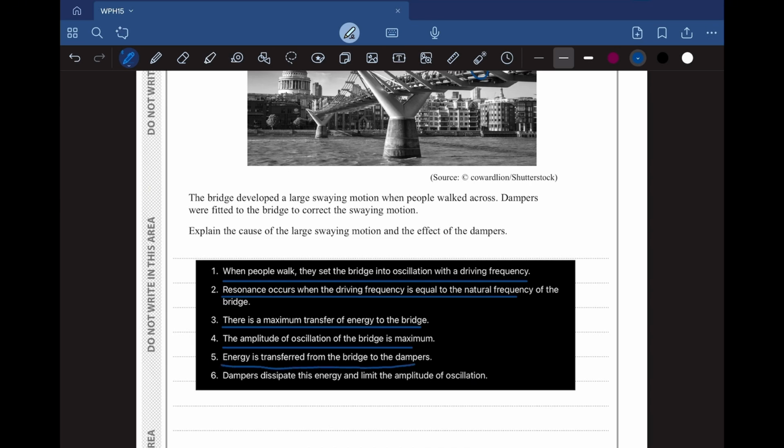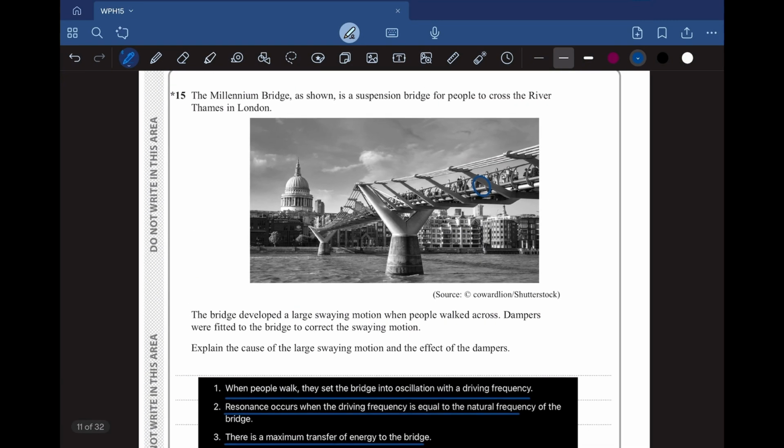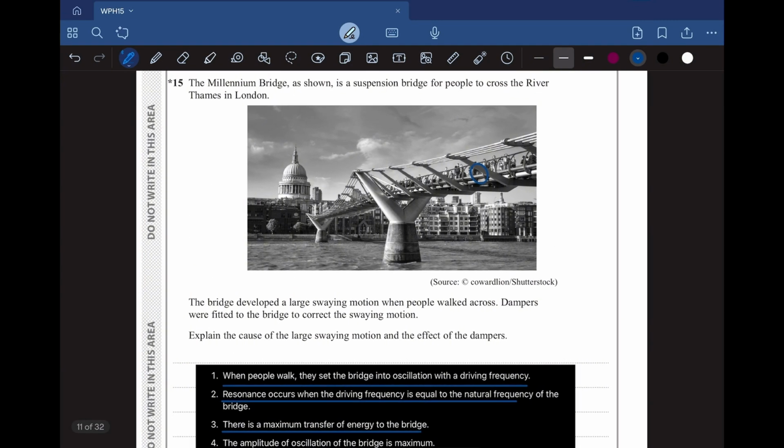That energy is transferred from the bridge to the dampers, and the dampers dissipate the energy and limit the amplitude of oscillation. So these are basically the 6 points that you will have to understand and then memorize, because this is an A-star question and these questions are repeated again and again.